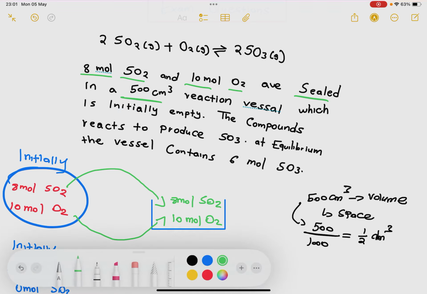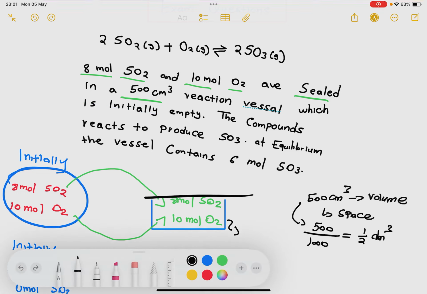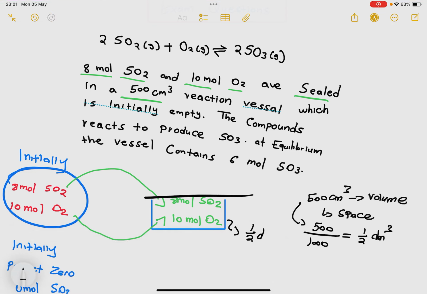And we actually seal it. It is sealed. That's what they are saying. And what is the space of this entire container? The space is actually 1/2 decimeter cubed. And remember that initially the reaction vessel is actually 0. So that's kind of cool to realize.